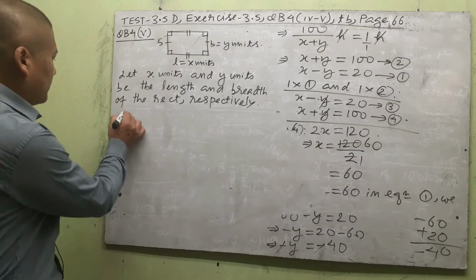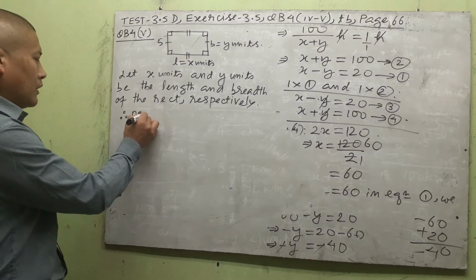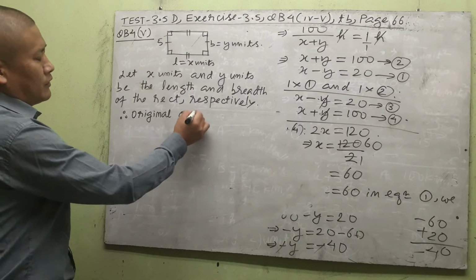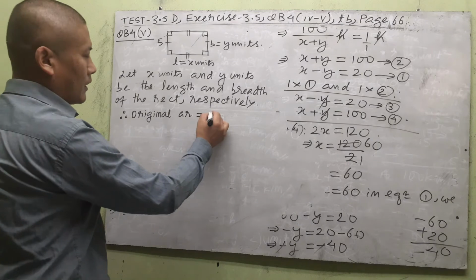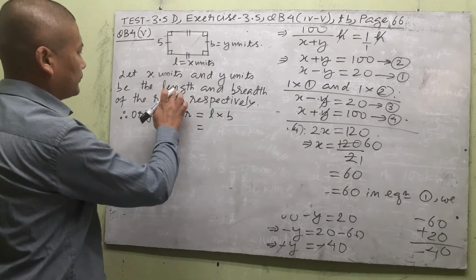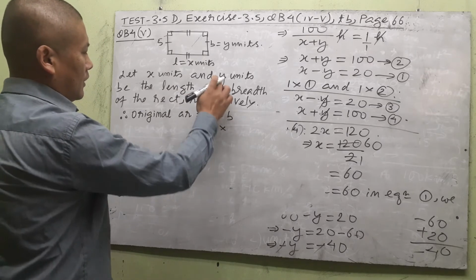Now, therefore, if x is the length and y is the breadth, then the original area of the rectangle will be length into breadth. So length is x units into breadth y units.